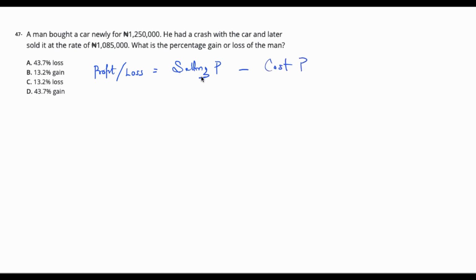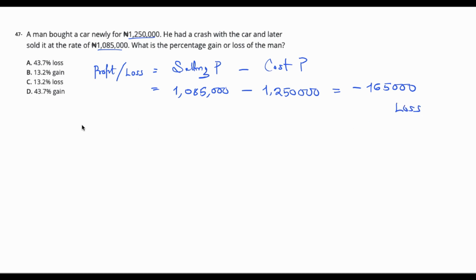The selling price is how much he sold the car for, and he sold it for 1,085,000. And cost price is how much he bought the car for, and he bought it for 1,250,000. Now 1,085,000 minus 1,250,000 is minus 165,000 naira. So when our result is negative, that means he made a loss.